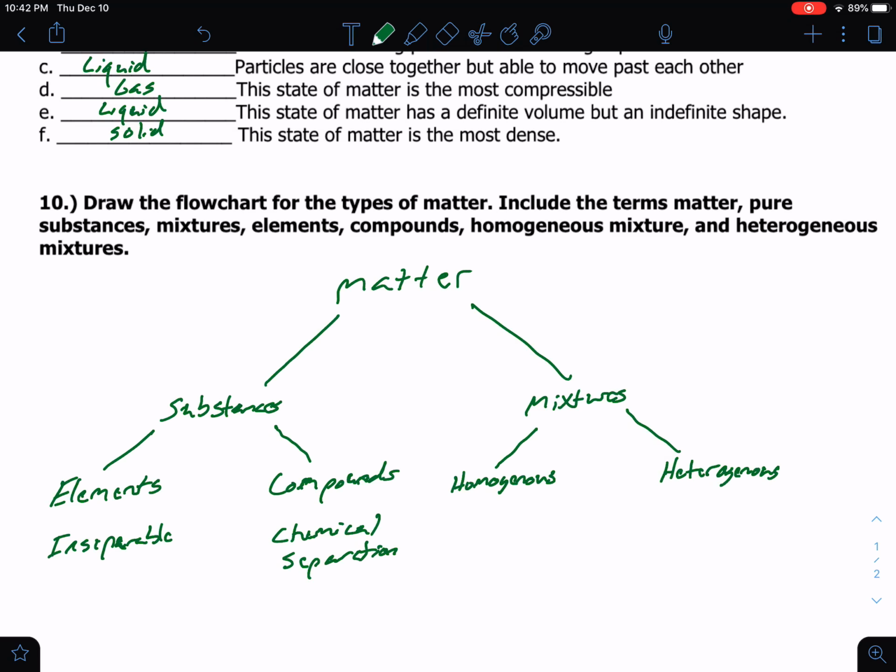There are different things in it, but it looks like a uniform liquid. Heterogeneous mixtures would be something like trail mix. You can see the different particles in it, so even though it's kind of blended together, you can still see the different parts of it. And these would both require a physical separation.